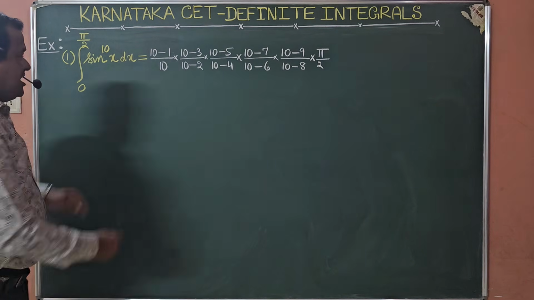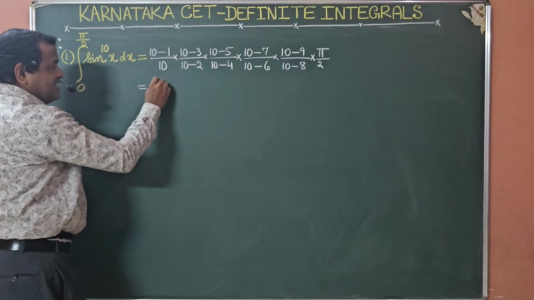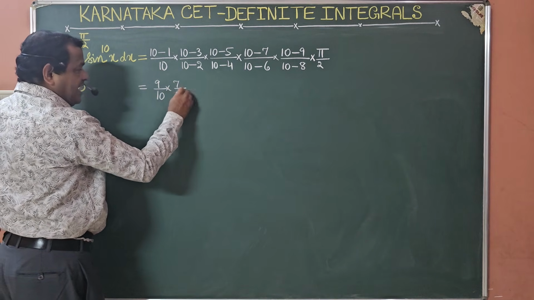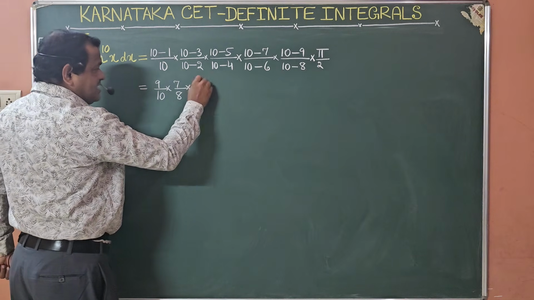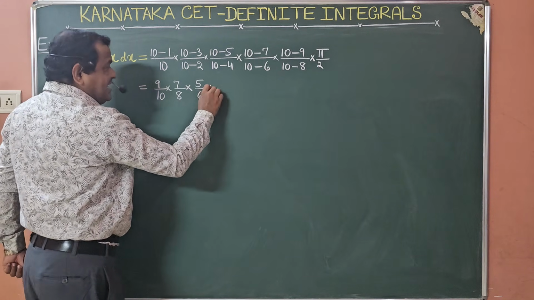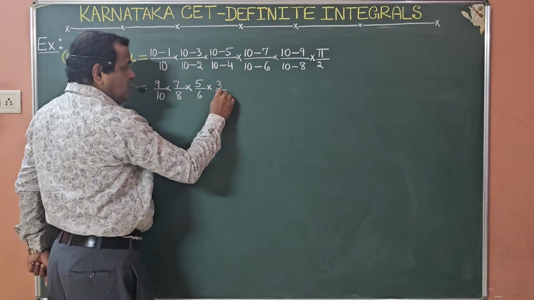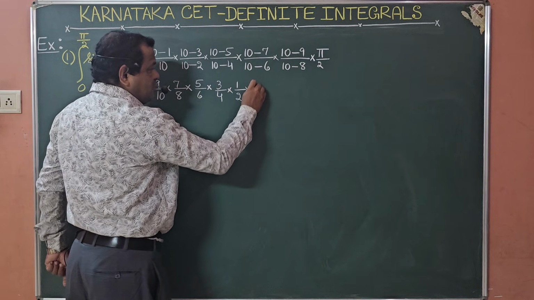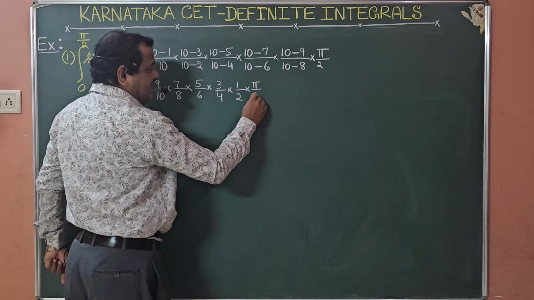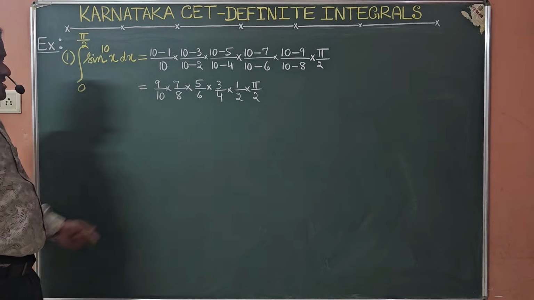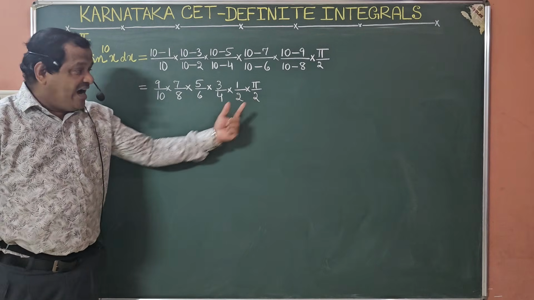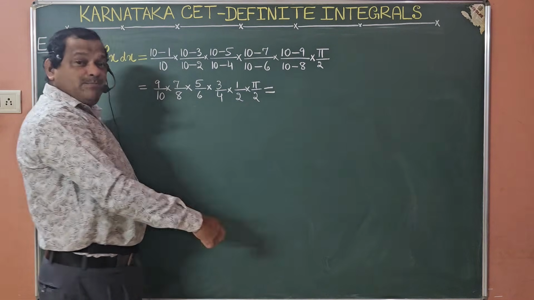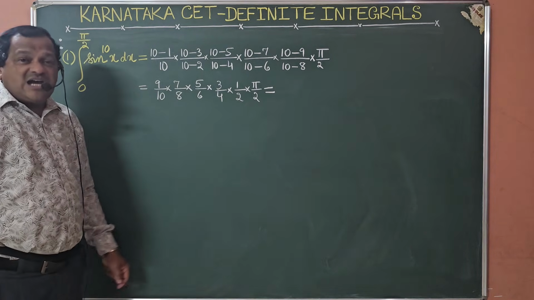So this product simplified is 9 by 10, 7 by 8, 5 by 6, 3 by 4, 1 by 2, into finally pi by 2. And of course this can be simplified, and the simplified form is our answer.